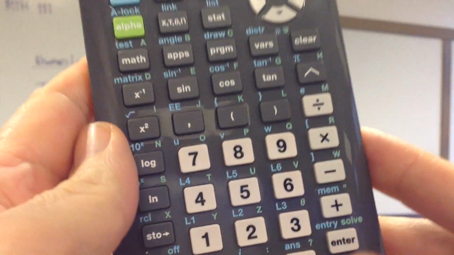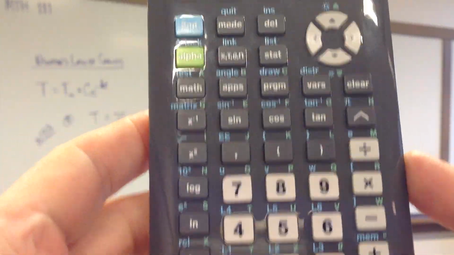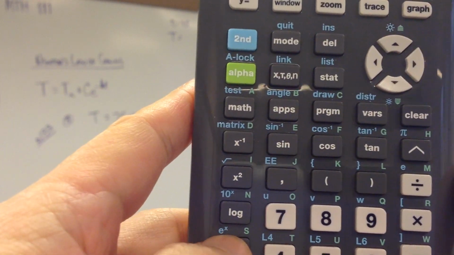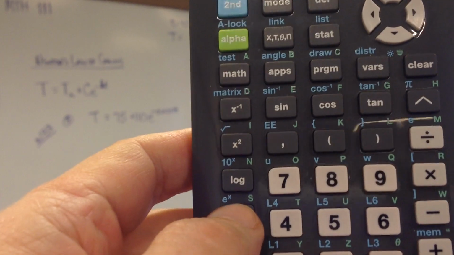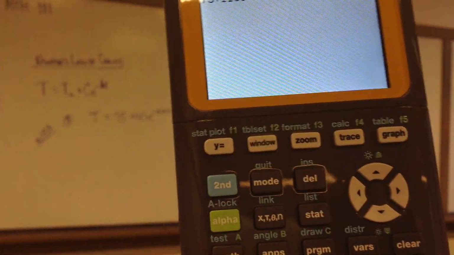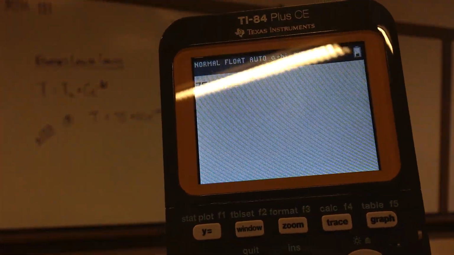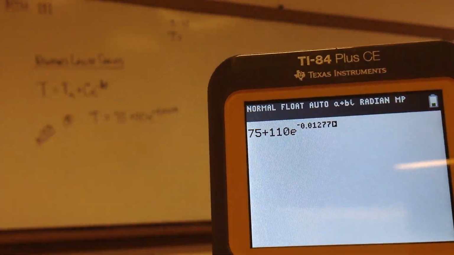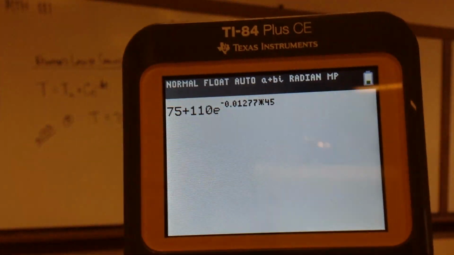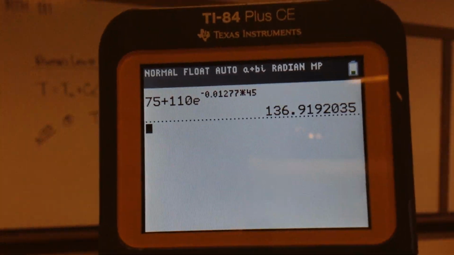We're going to calculate 75 plus 110, and then the e is right there, e to the x. So you go second, ln, which gives you e to the x. Then we want negative 0.01277, times the 45 minutes, because that's the value for T. That gives us about 137 degrees, 136.9.